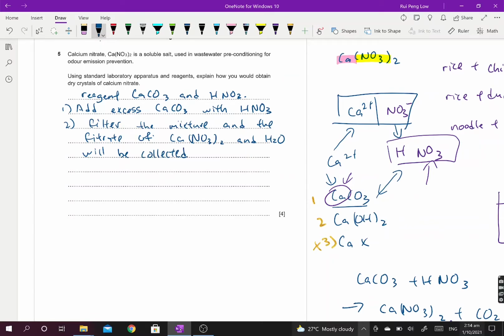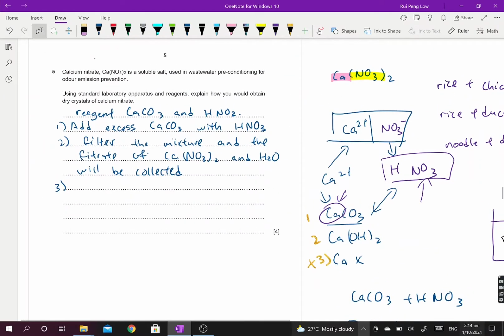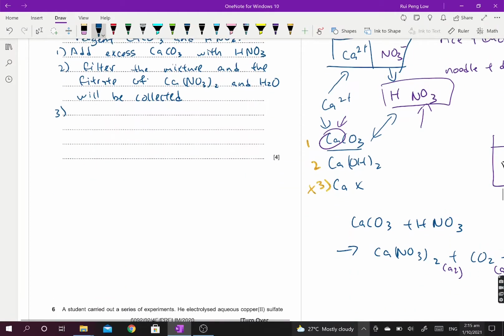Now, what is step number 3? Step number 3 is that because you only want salt, you only want the salt, Ca(NO3)2, you do not want the water.